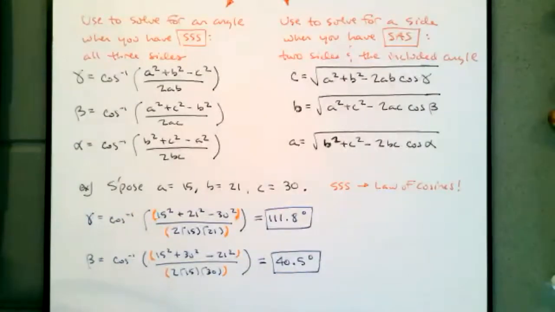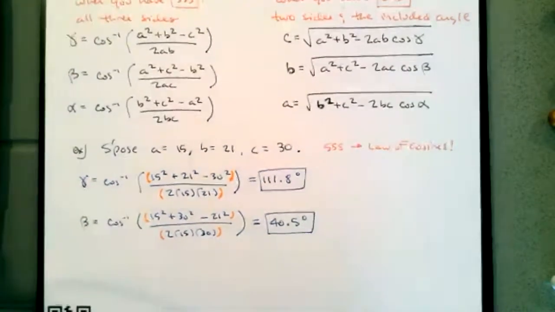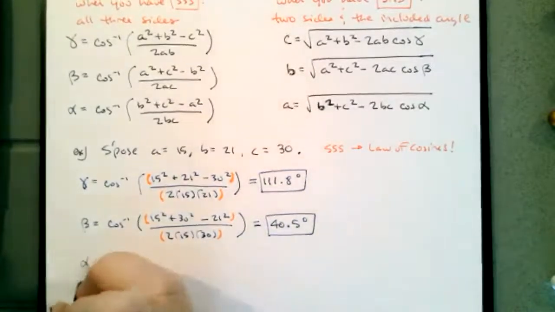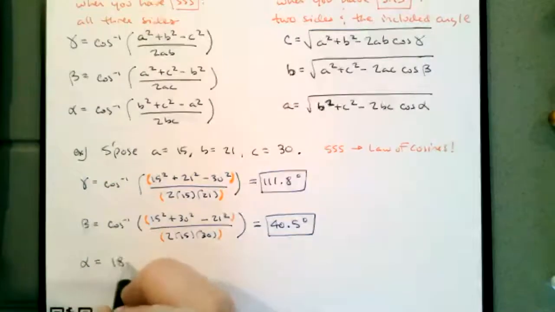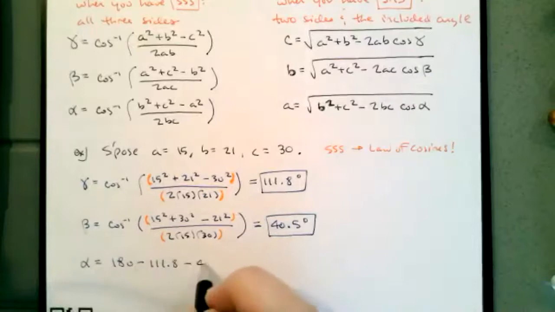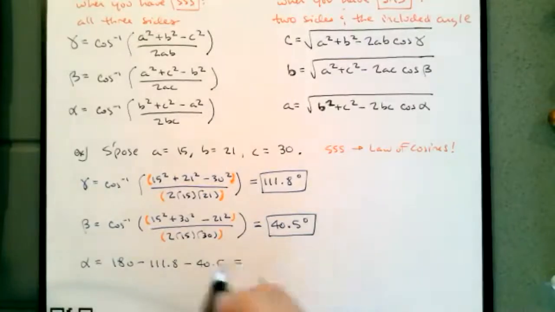Once we have two angles, we should always just subtract to find the third angle. That's the same rule that we had before. The sum of the angles in a triangle is still 180 degrees. So alpha is just 180 minus the 111.8 minus the 40.5. Once we have two angles, subtract to find the third.